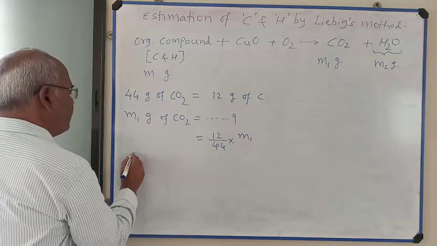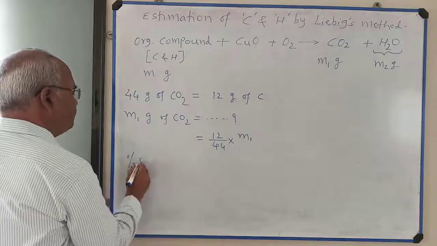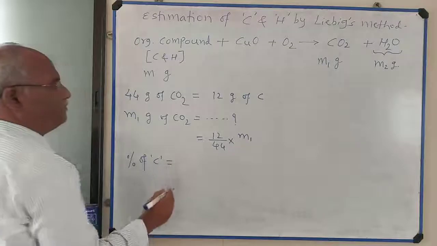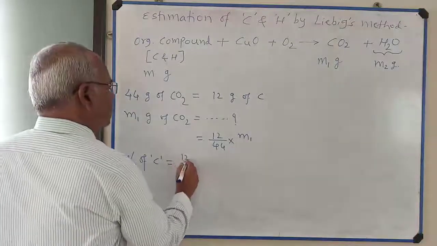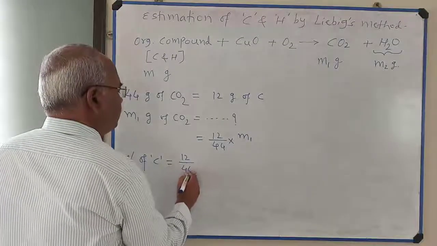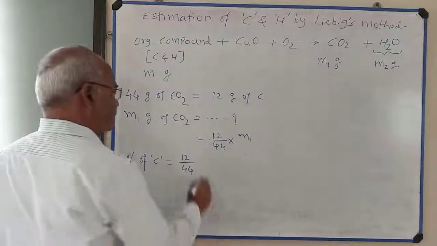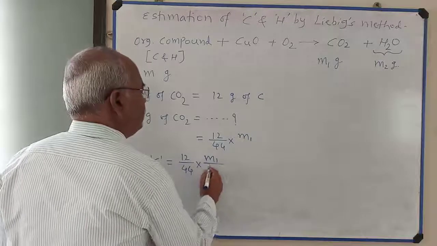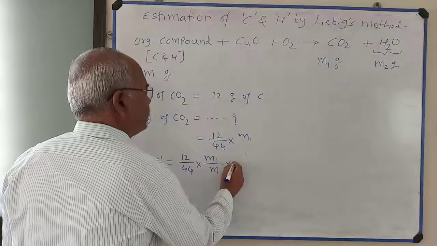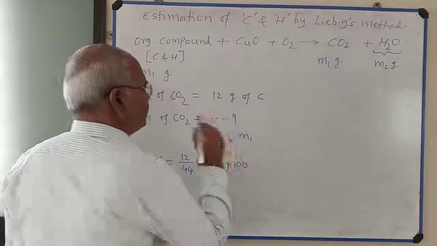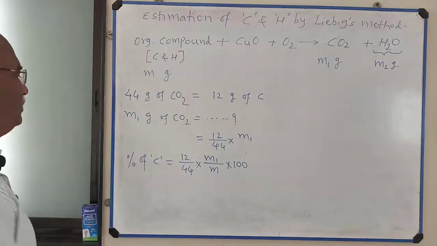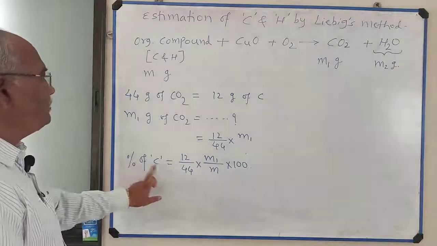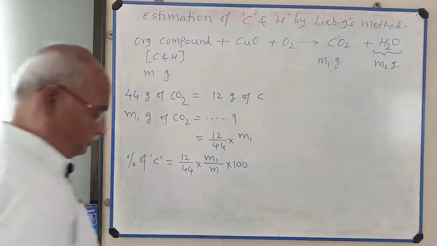So here I write: percentage of carbon is equal to 12 divided by 44 into m1 upon m into 100. This is the formula used to determine percentage of carbon.